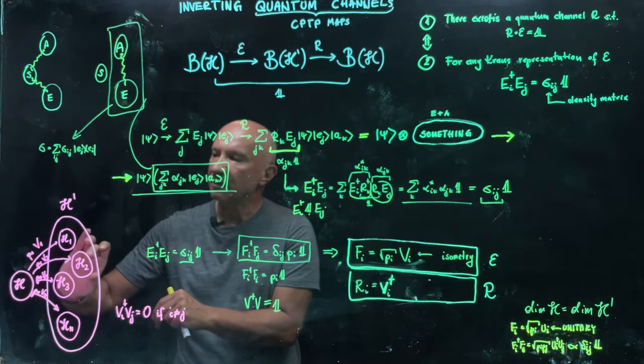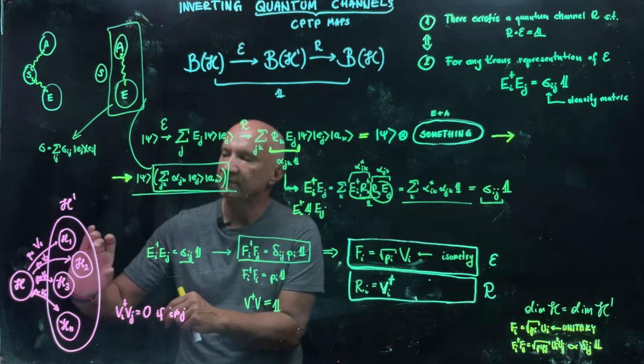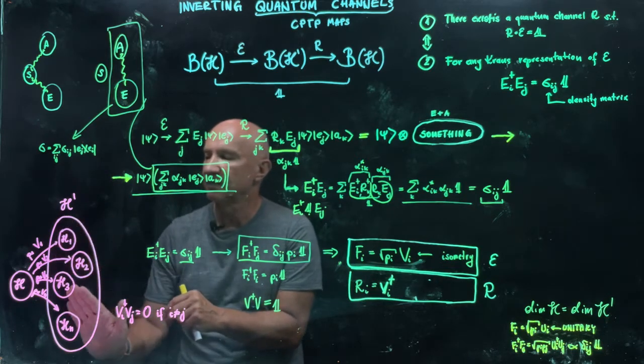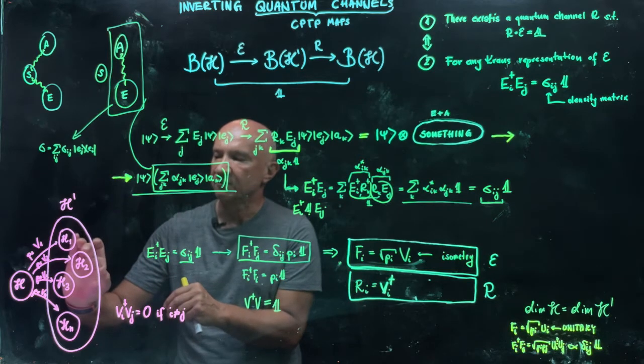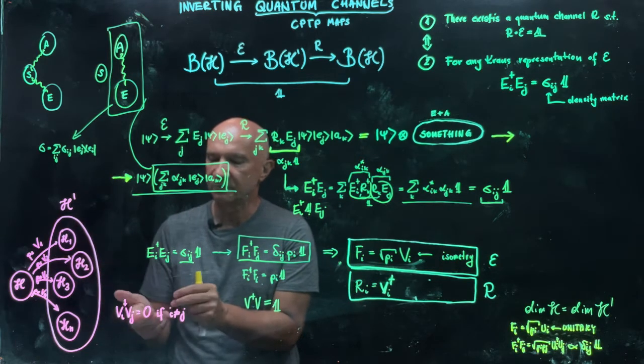Then you want to go from H prime to H via V2, but V2 will just ignore everything except H2. So you'll be ignored by V2, and the whole map will just give you 0.